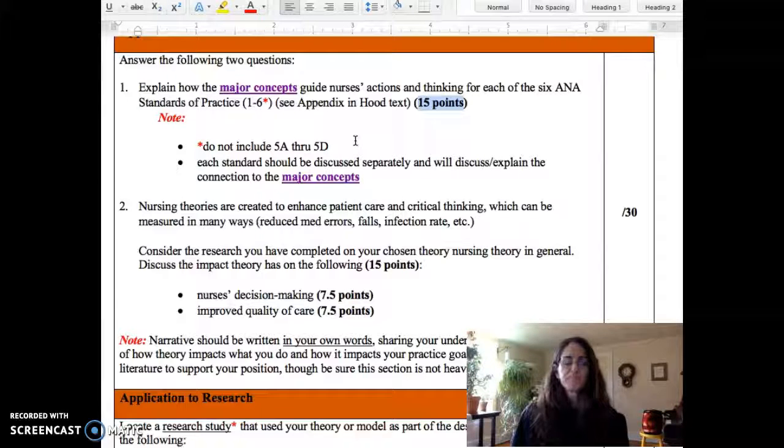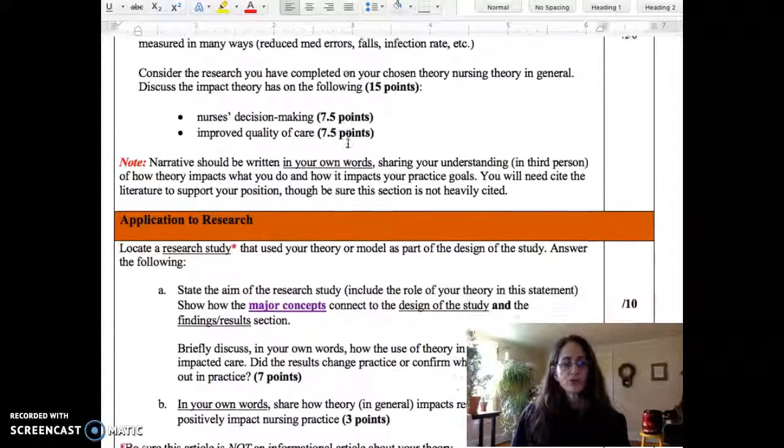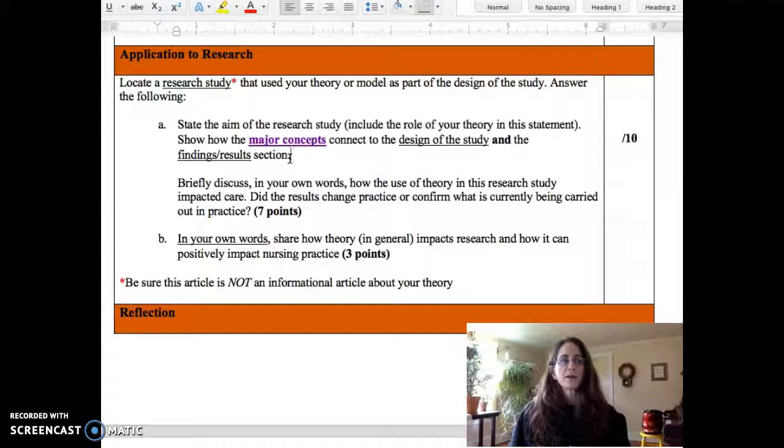Okay? And then again, as you go down to research, you're going to talk about the major concepts. When you write about what the research is about, when you get to the part where you're talking about the design of the study, this is where the theory is actually playing a major role in how it's being conducted.